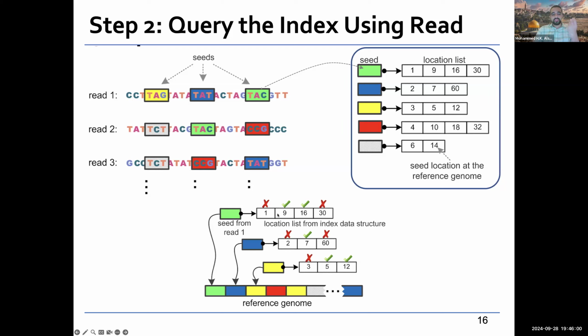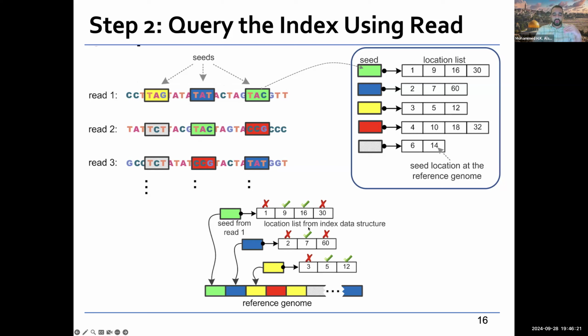Because we already saw in the previous example that we want the seeds to be in the exact same order as they appeared in the read. So if they appeared in the read as yellow, followed by blue, followed by green, then we want them to appear exactly the same way in the reference genome too.